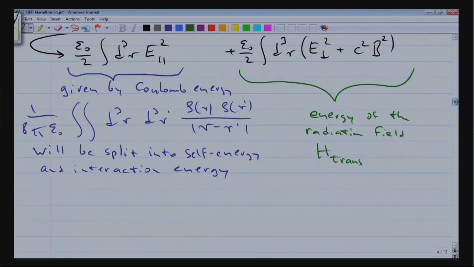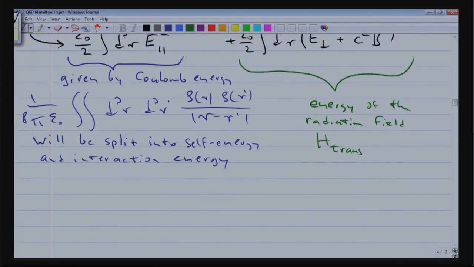So, to describe now radiation, we have to focus on this transverse part. And we are now expressing the transverse part by the vector potential and its derivatives. So we introduce the vector potential as before, and I don't want to go through the rederivation.